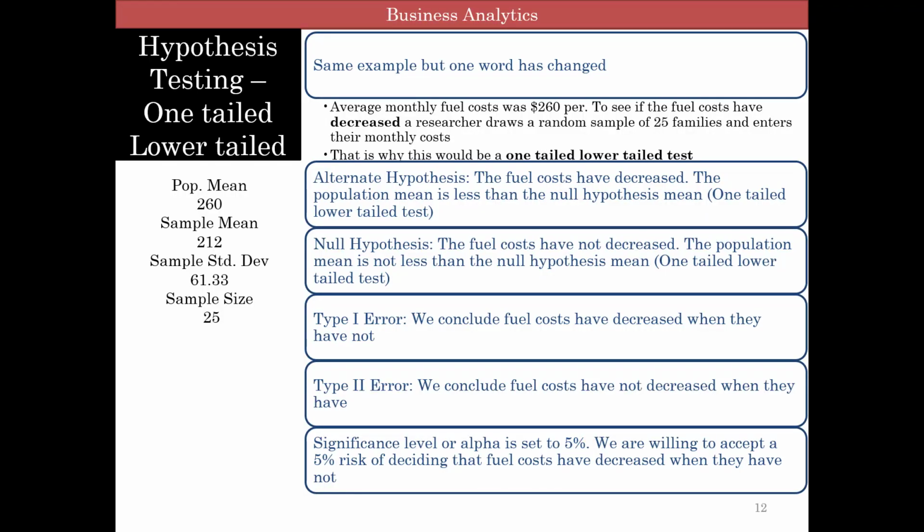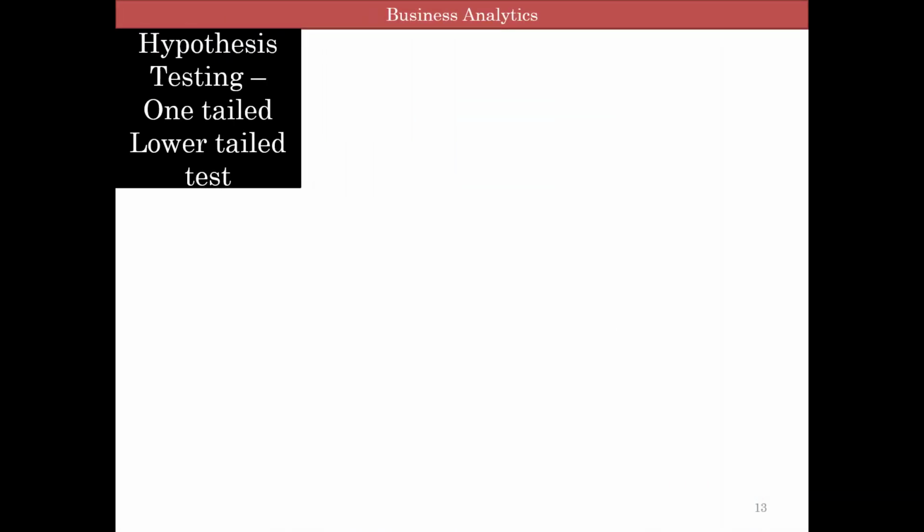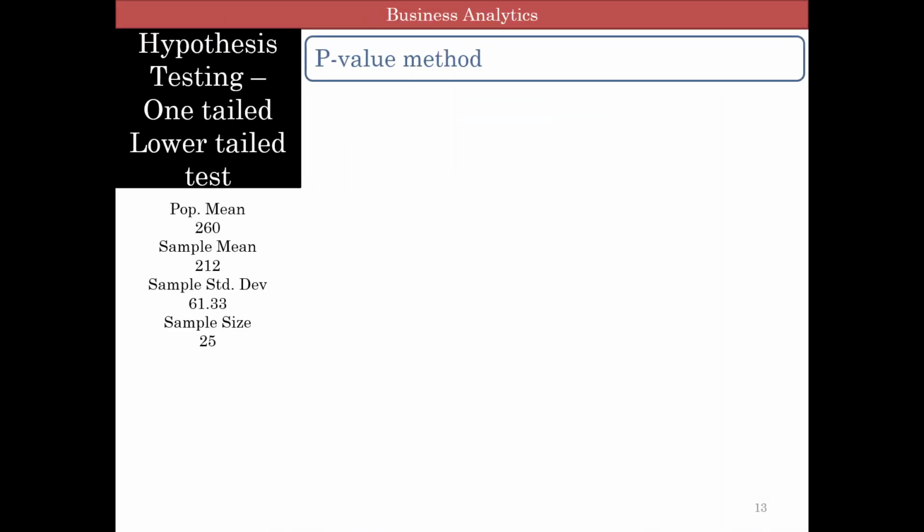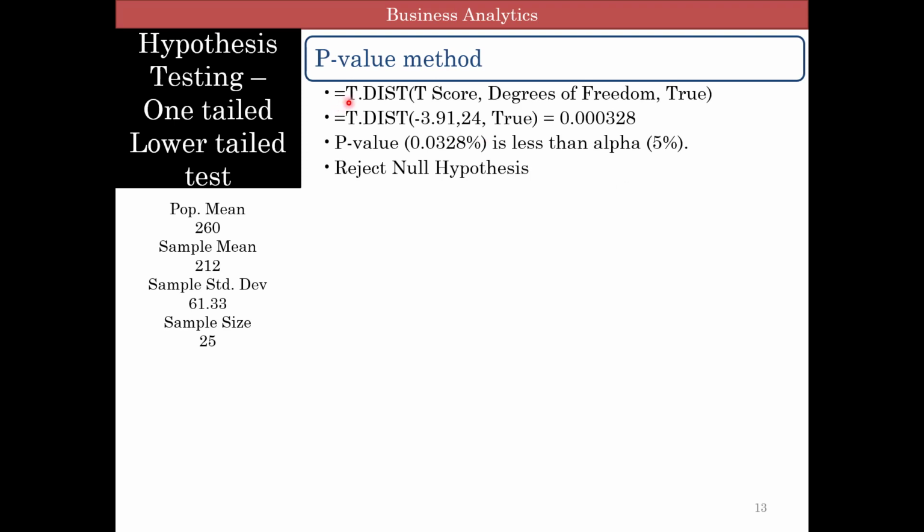All right. So going back to PowerPoint presentation, we calculate our t-score. It's negative 3.91. Again, t-score is sample mean minus population mean divided by the standard error. And we do the same test, p-value method. Now we are not going to use t.dist.rt.